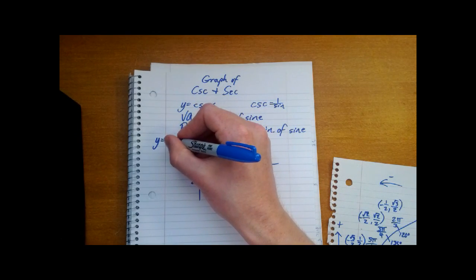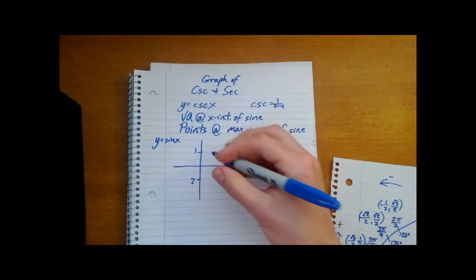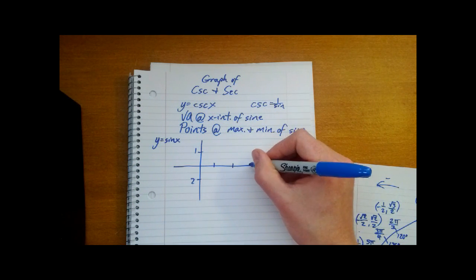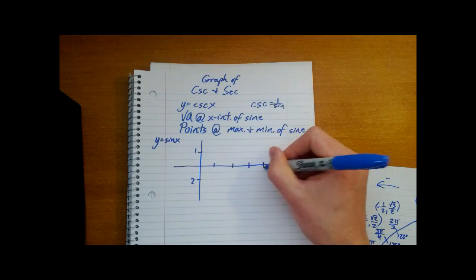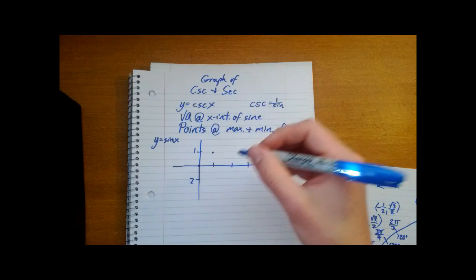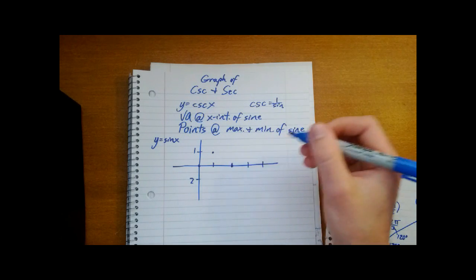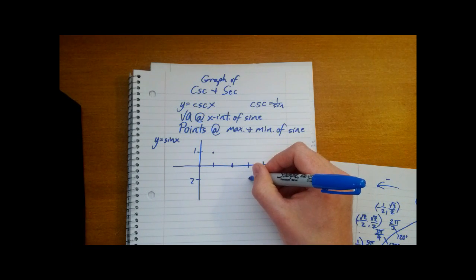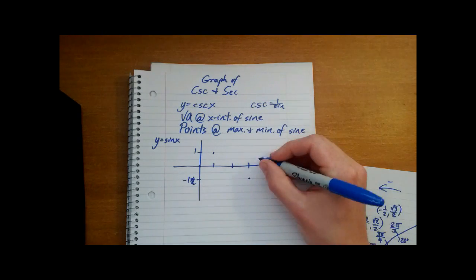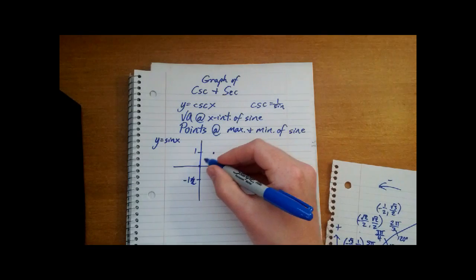Okay, so remembering our sine graph, this is just plain old y equals sine of x. It has a period of 2 pi, so let's break that into 4 bits: pi over 2, pi, 3 pi over 2, and 2 pi. It starts at 0, 0, goes up, goes to 0 there, goes down. That is clearly -1.